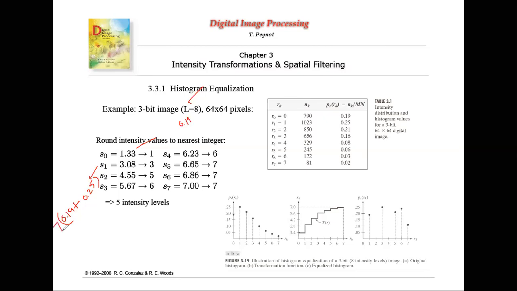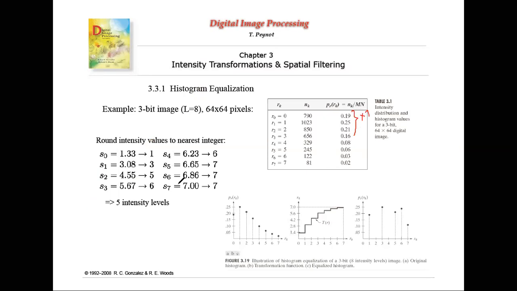It is multiplied by 7. There is a usual mistake everybody makes: L is equal to 8, but this shall be multiplied by 7. Then what about the third one? It is 0.9 plus 0.25 plus 0.23 multiplied by 7. And so on.